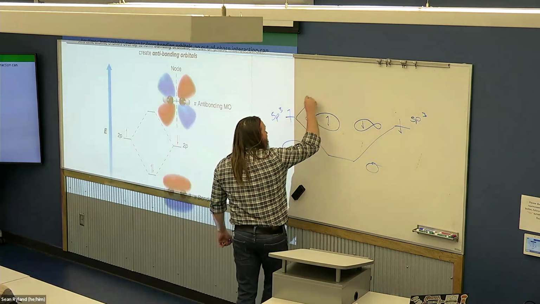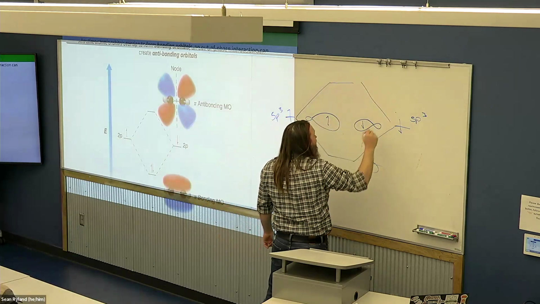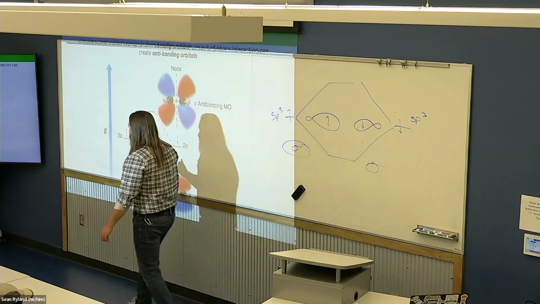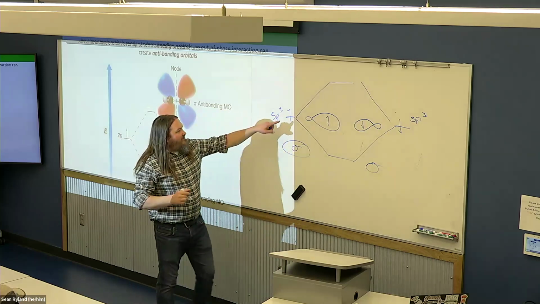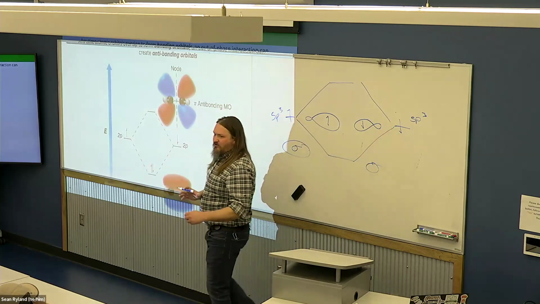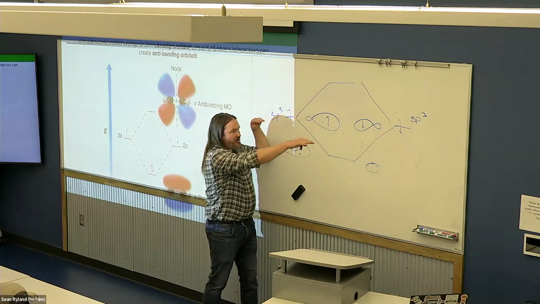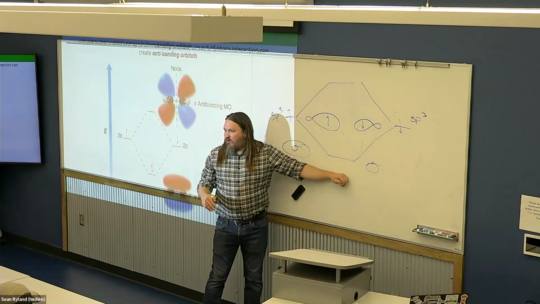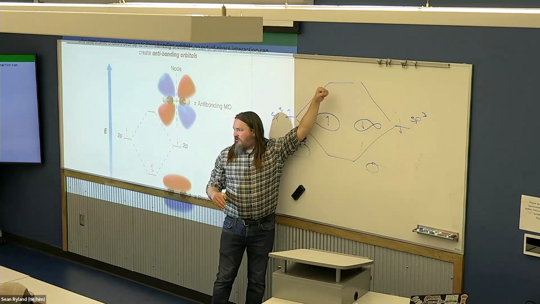And every bond that you form has a corresponding anti-bonding orbital. These aren't always symmetric energies, depending on if you have two different atoms, one of them might be higher in energy than the other. But they're always going to combine, make one lower in energy and one higher in energy.